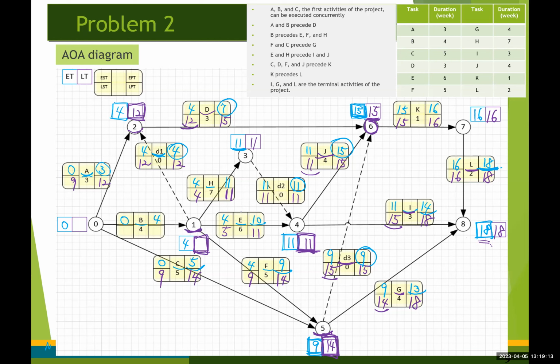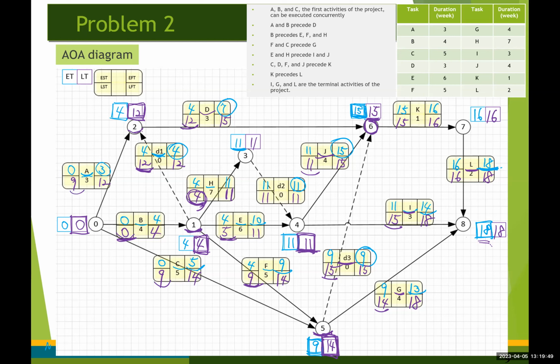So we are going to take the minimum value among these 4 values, 12, 4, 5, 9. So the minimum occurs here at 4. And then 4 minus 4 becomes 0. Now we are ready for determining the latest time for event number 0. Again, we are going to choose the minimum value among these 3. So it's going to be 0.